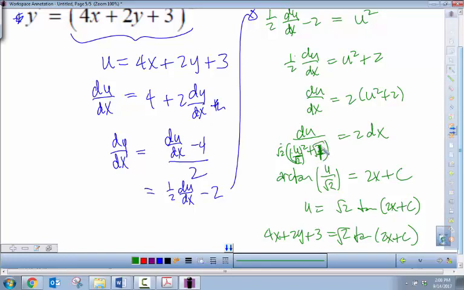I think I got you. Well, there's some integral thing here. Table of integrals.